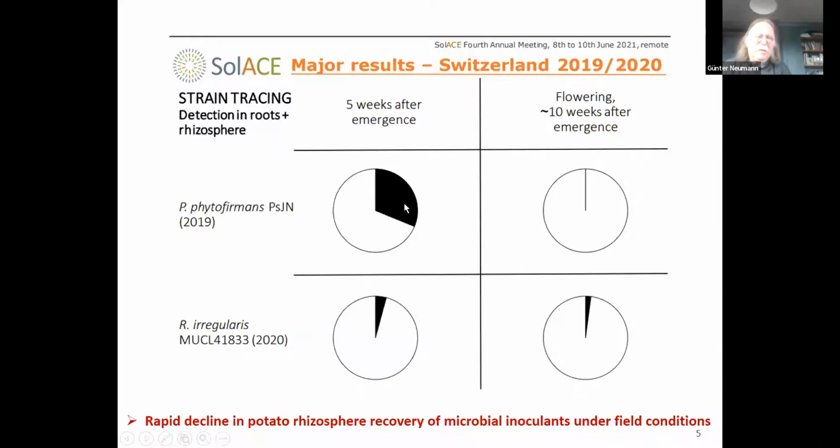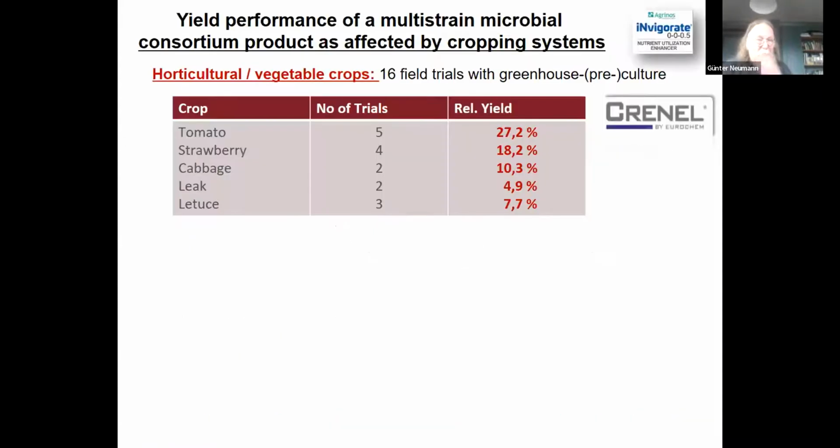And we see that we frequently have a rapid decline in the recovery of these microbial inoculants, that after 2 months, they were in many cases almost not detectable anymore. A similar effect we saw also in other projects in this direction.